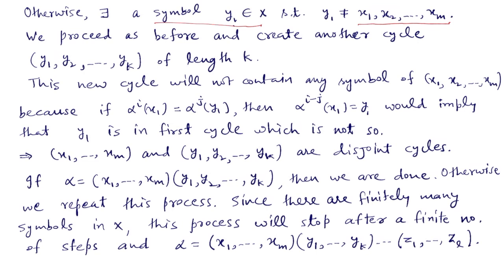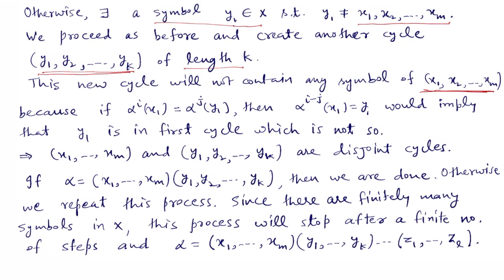So we proceed as before and create another cycle y1 y2 up to yk of length k, just as we created the cycle x1 x2 up to xm. Now this new cycle will not contain any of the symbols of the previous cycle, because suppose this cycle contains a symbol from the earlier cycle.